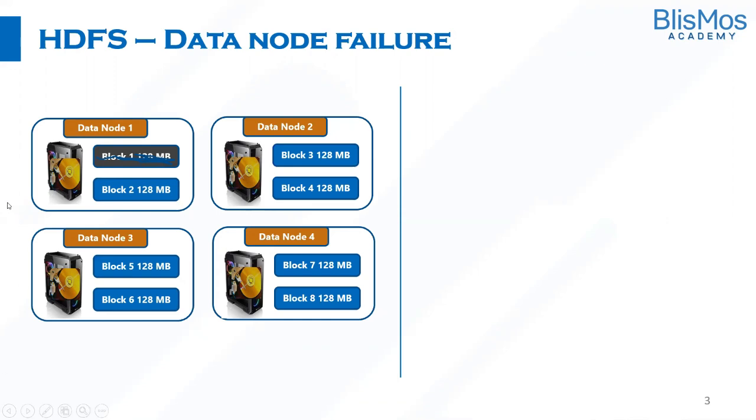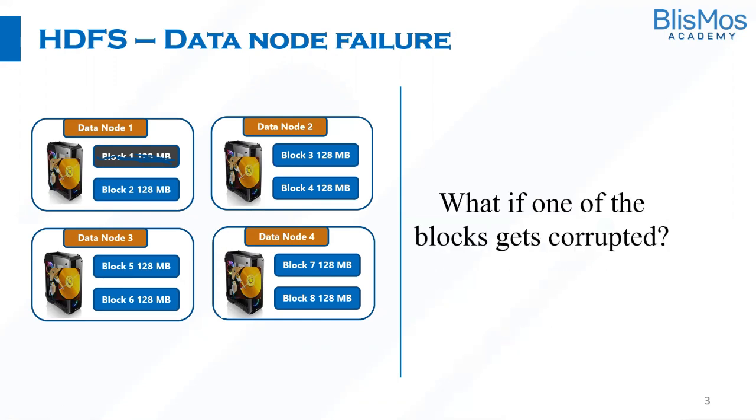A couple of blocks are there in data node 1, data node 2, data node 3, and data node 4, and all these 8 blocks together form one file. What if one of the blocks gets corrupted? The black one which I'm denoting: if you want to process the file, you know it is distributed across these data nodes by breaking it into 8 blocks. What if this block gets corrupted?